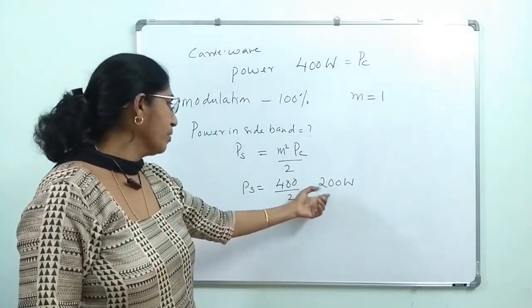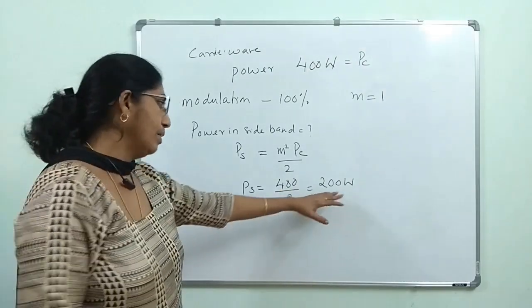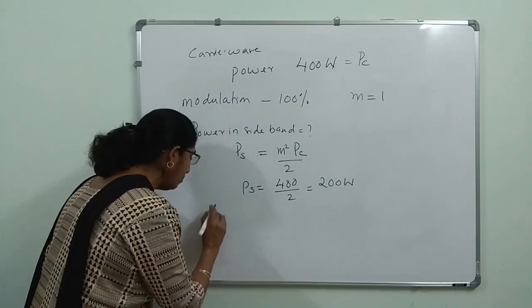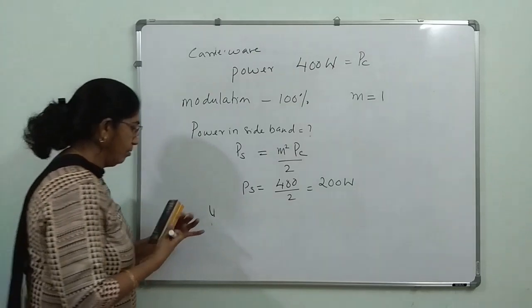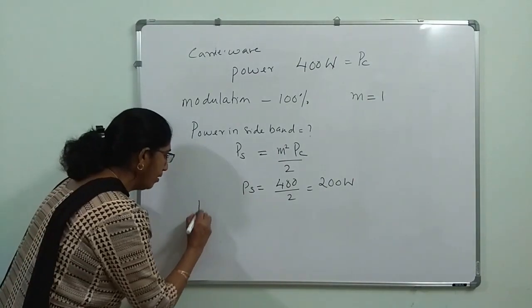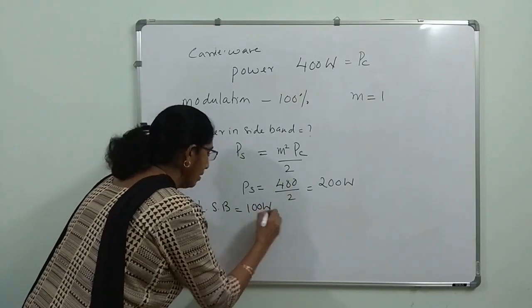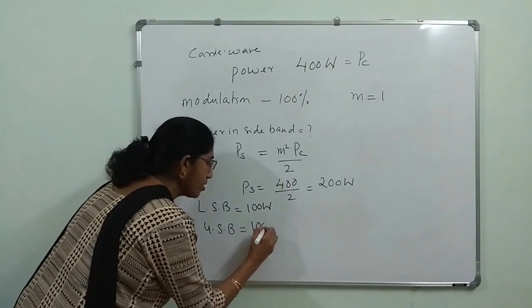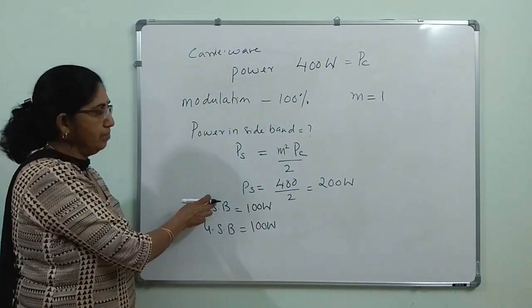So here what happens is this is shared by the upper and lower sidebands. So equally it is divided. The lower sideband will have a power of 100 watts and the upper sideband will have a power of another 100 watts. So this power is equally shared between the two sidebands.